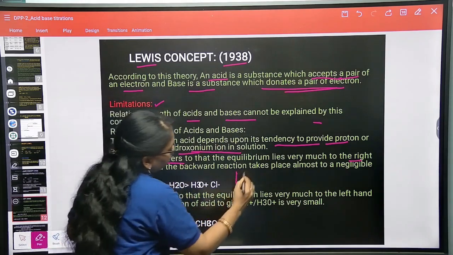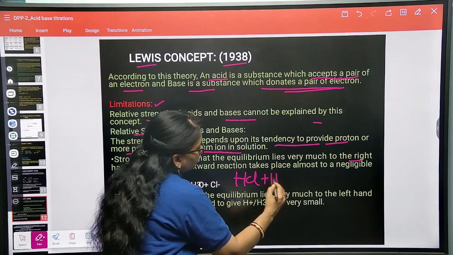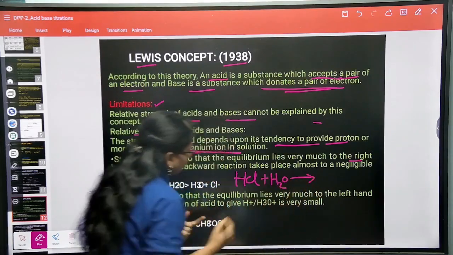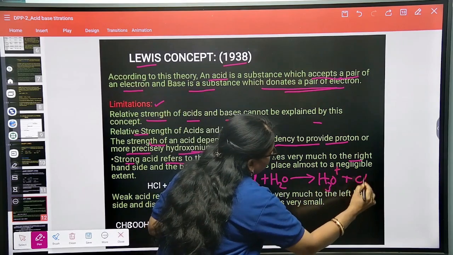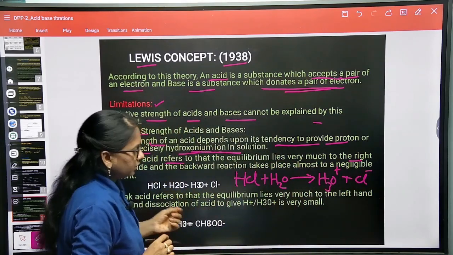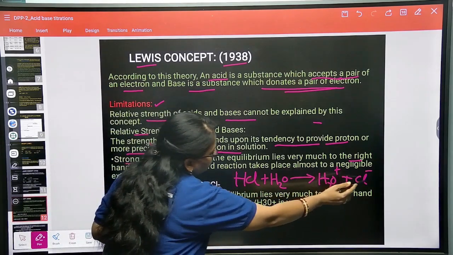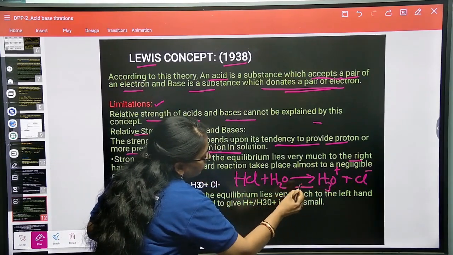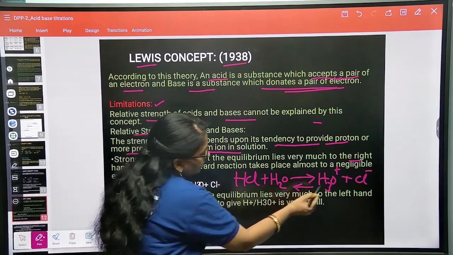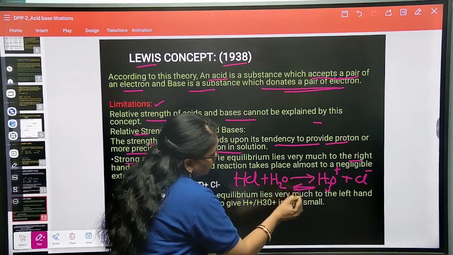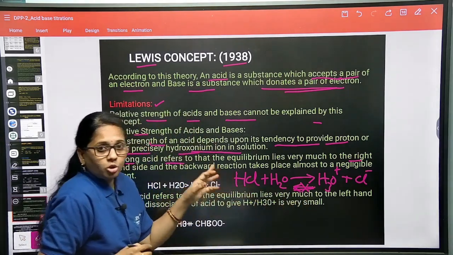When HCl, a strong acid, is in solution, it provides hydronium ion H3O plus and Cl minus ions, so only the forward reaction takes place and the backward reaction is negligible, because this is a very strong acid.